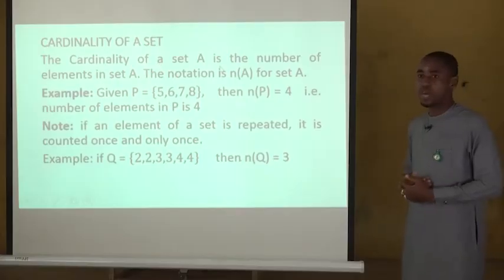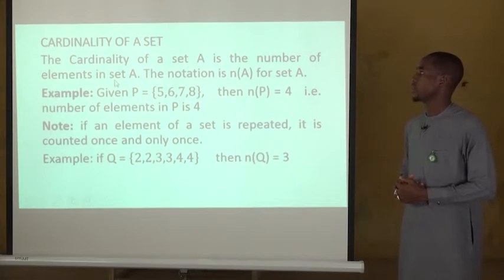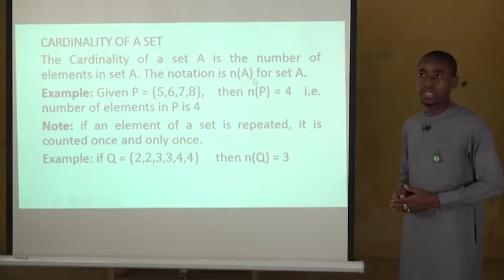Next is the cardinality of a set. The cardinality of a set A is the number of elements in set A. The notation is n(A), that is for set A. If the set is named X or Y, then the A enclosed in the bracket will change to the given set.